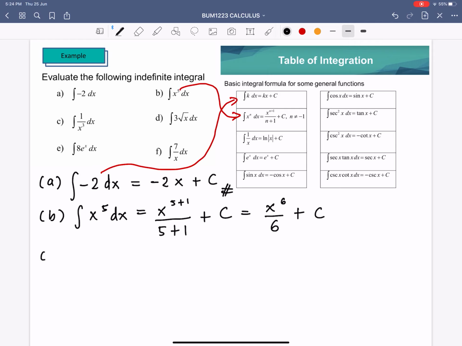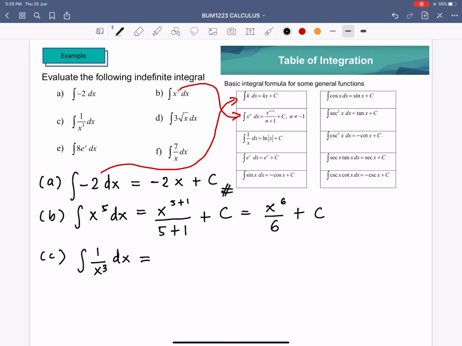Next, question C. We want to integrate 1 over x cubed with respect to x. If you look at the formulas given in the table of integration, we don't really have a formula in the form of 1 over x power of something.